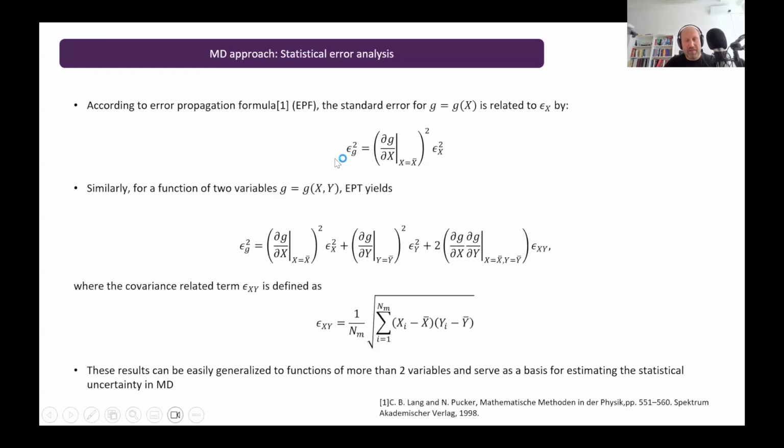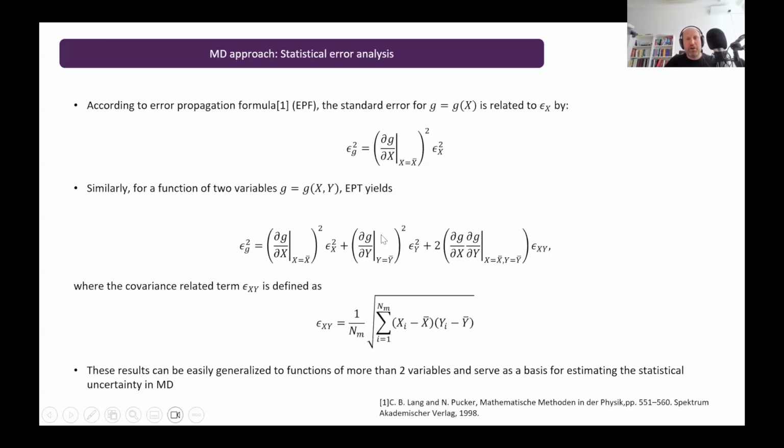Now, this can be generalized to the case of a function which depends on two measured quantities, X and Y. In that case, the error propagation formula gets a little bit more complicated because, of course, the standard errors related to X and Y come into play, but there is also a contribution from one additional term that is related to the covariance between data X and data Y. So for fully independent data, the covariance is 0, right?